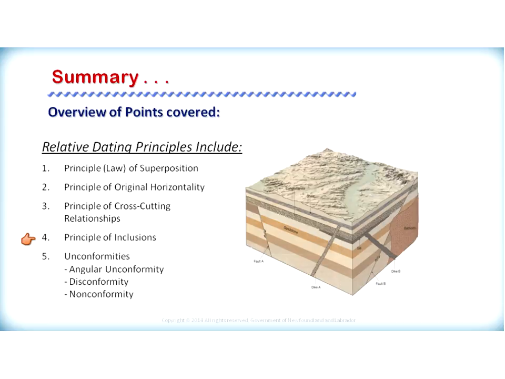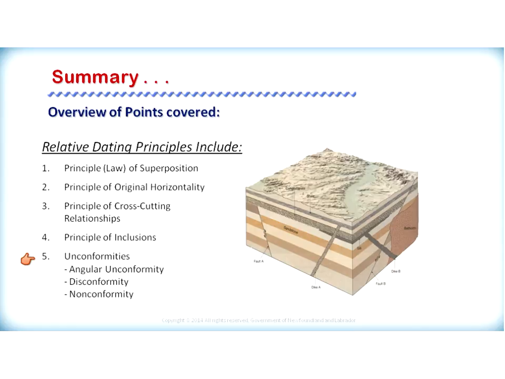The principle of inclusions will state that any igneous rock unit that is found within another layer must be older than the layers they are found within, because they are results of eroded particles that are deposited within the layer when the sedimentary layer is formed.